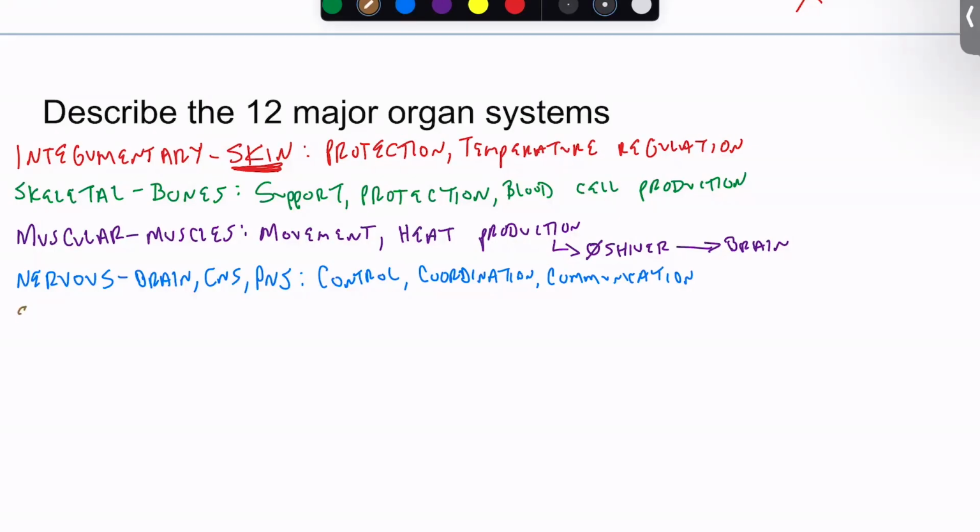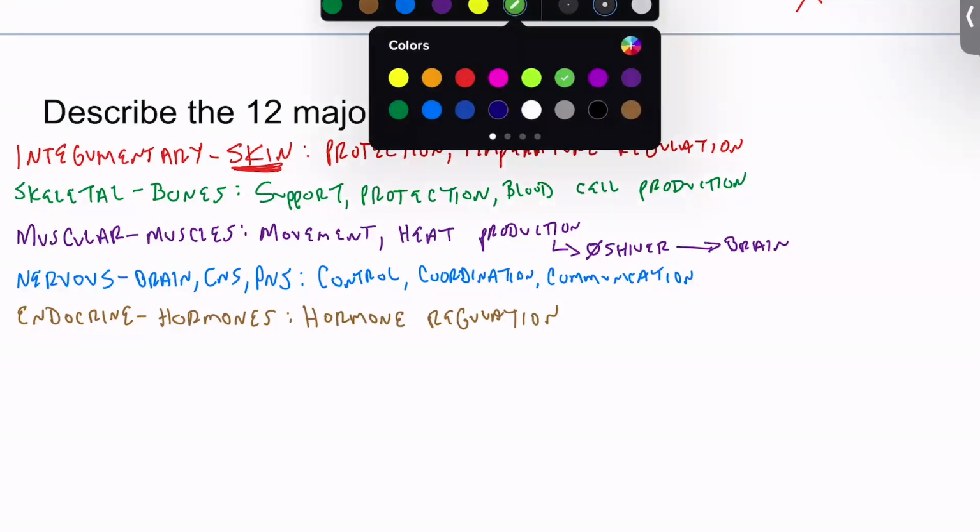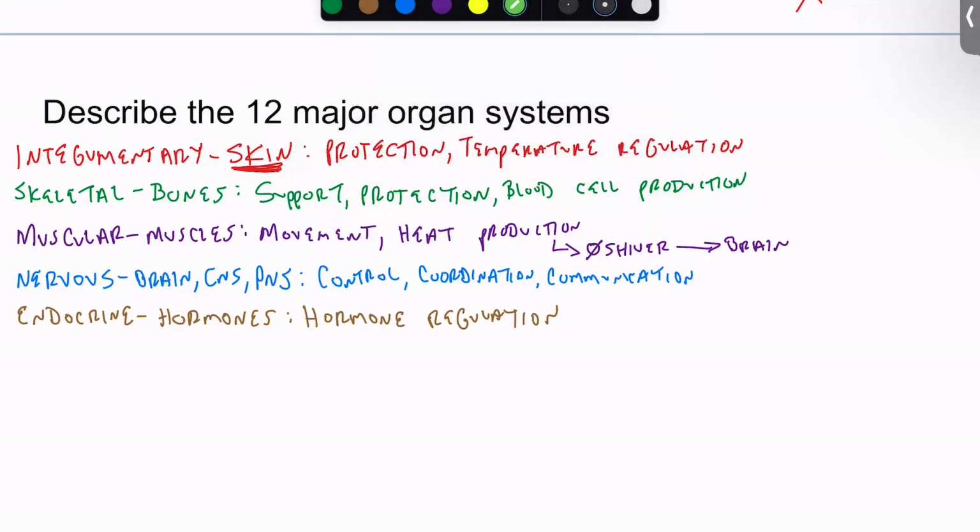All right, next one is endocrine. When you think endocrine, think of hormones, crazy amounts of hormones, and the whole purpose of that is hormone regulation. Okay. Next up is circulatory or cardiovascular. Either way, that has to do with the heart.